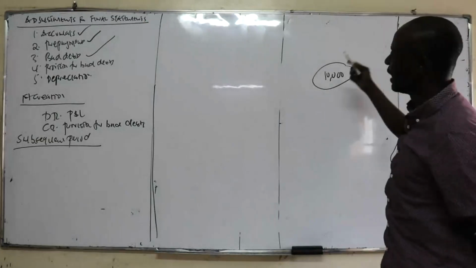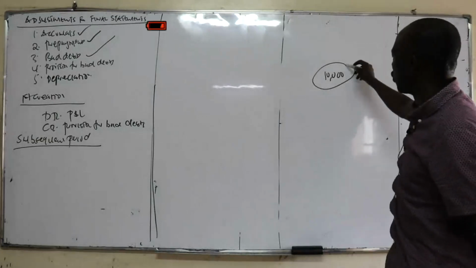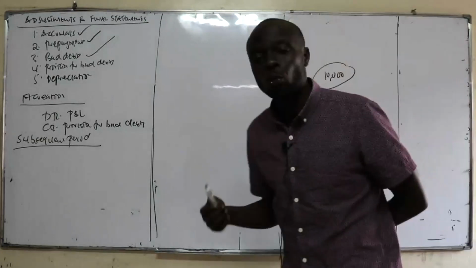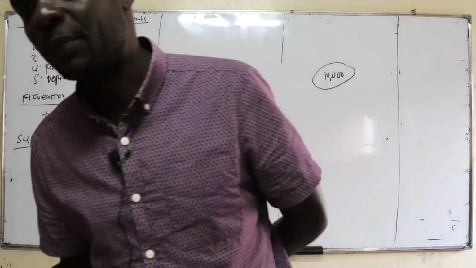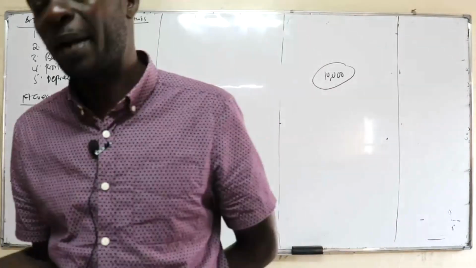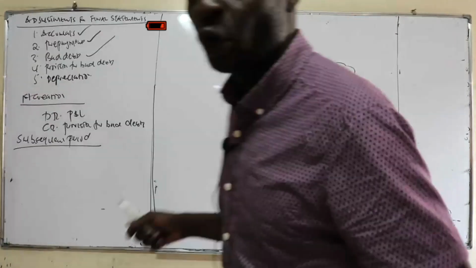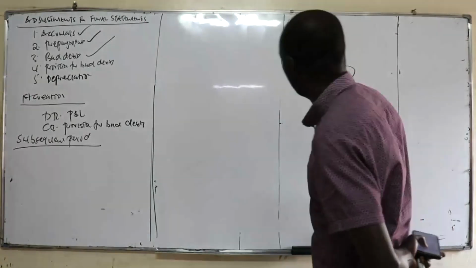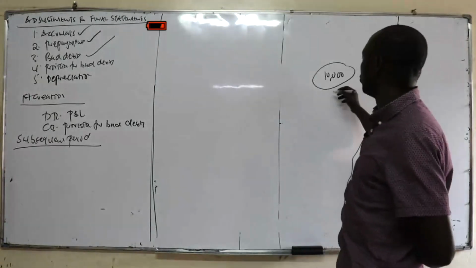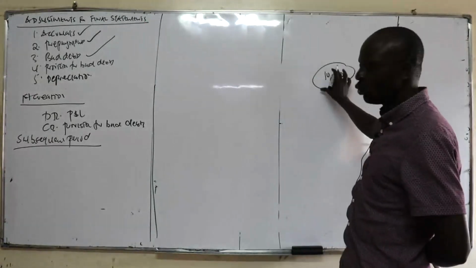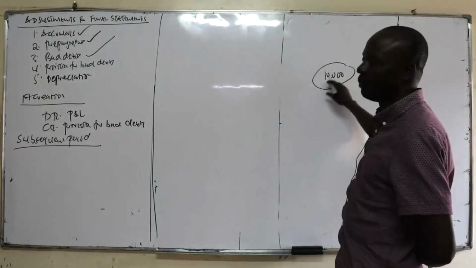Now, in the subsequent period, you're going to analyze how the debtors responded in terms of payment. Did they comply in terms of payments or did they default? So we're going to do an analysis. If you find out that there was more default, then it will mean you need to increase this amount from 10,000 maybe to 20,000.